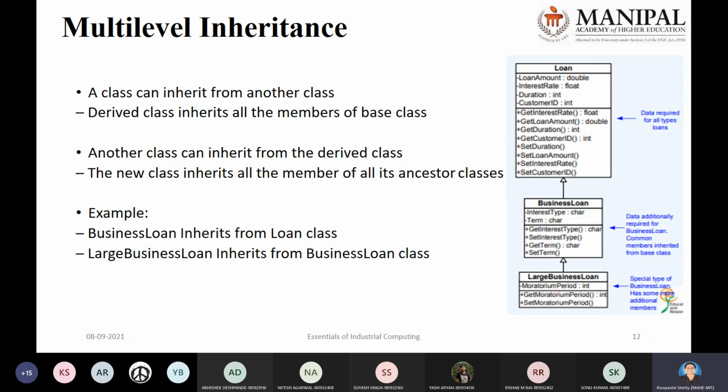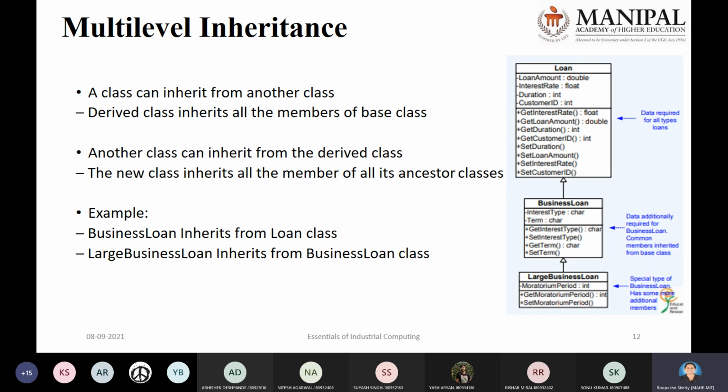When you represent a derived class, you do not try to redefine the member variables and member functions of its parent class. They will be automatically inherited by the derived class, so there is no need of redefining them in the derived class. Here the derived classes are the business loan class and the large business loan class.